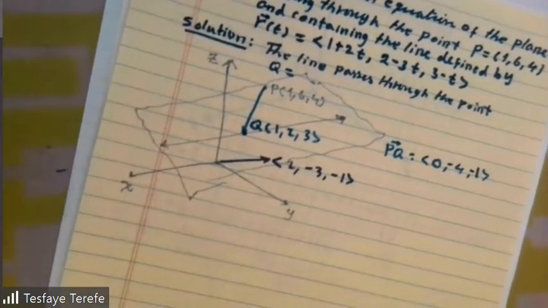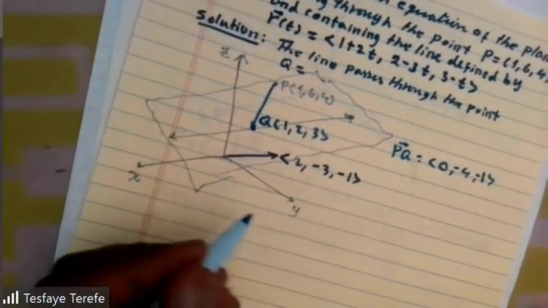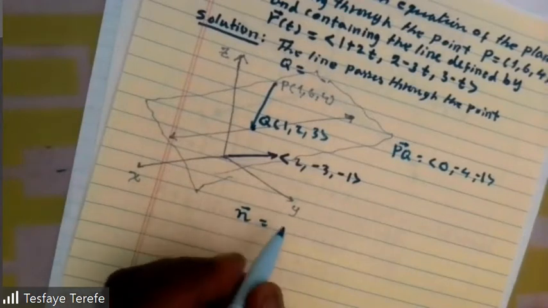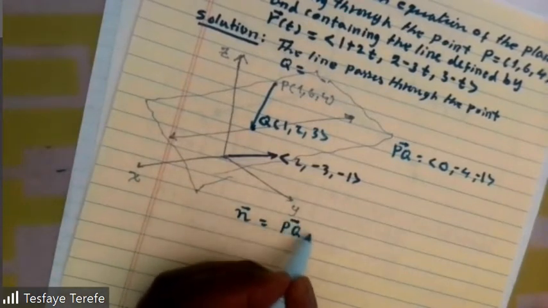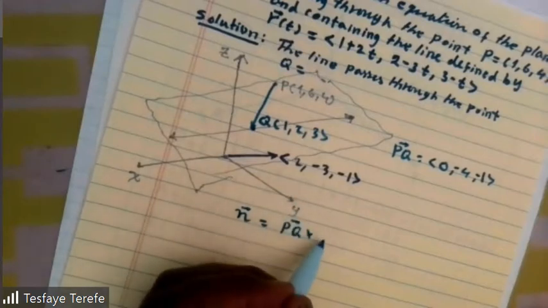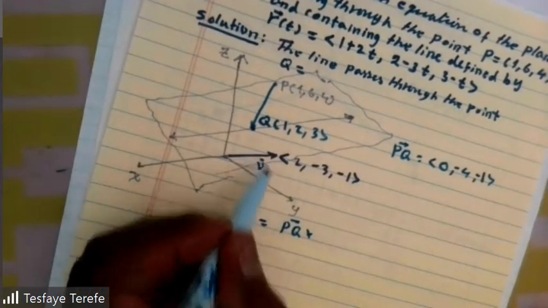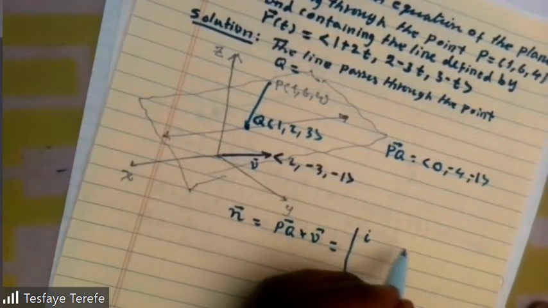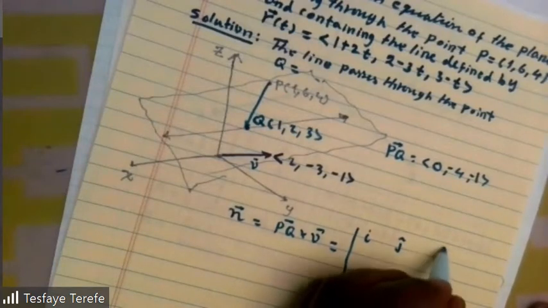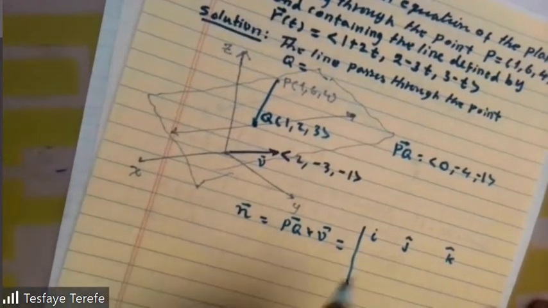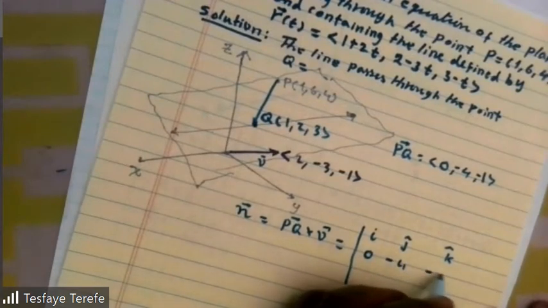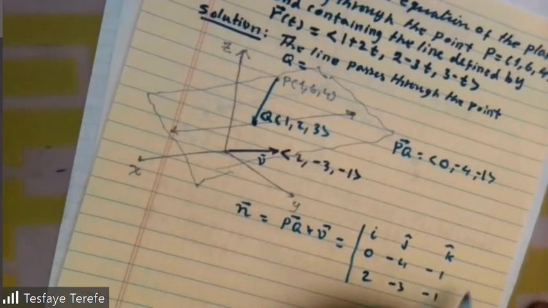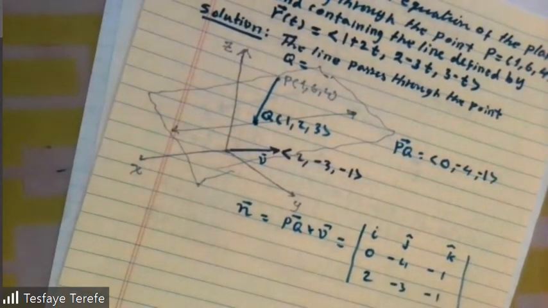Then now let us take the cross product to find the normal vector. And it's not a unit normal, just a normal vector. That means PQ is crossed with the vector v, the direction vector. And that is i, j, and k, and PQ is 0, -4, -1, and the direction vector 2, -3, -1, and we can come up with this vector.